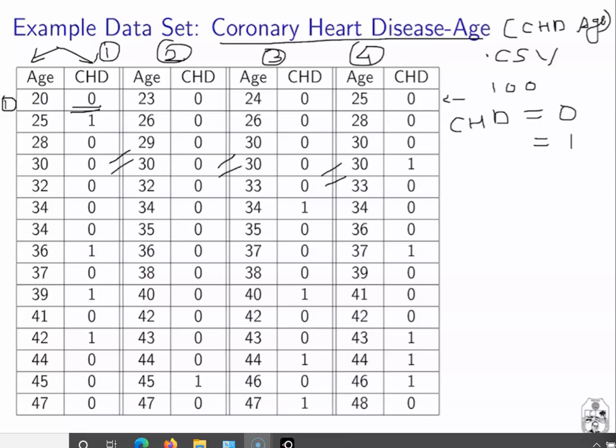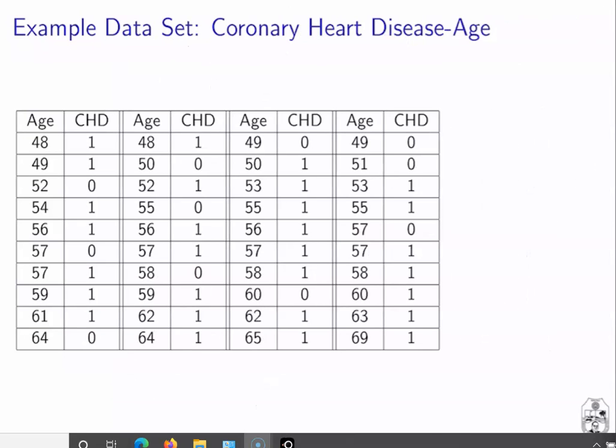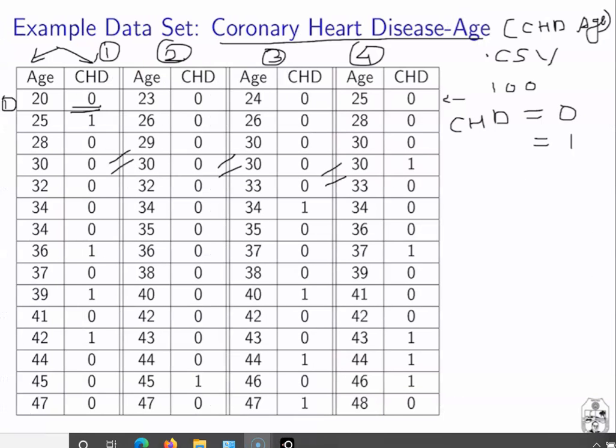On each row there are 4 records, and there are 25 rows, so 25 multiplied by 4 is equal to 100 records. I am uploading the CSV file of this data set on our web portal. This is the data set that I am going to use to explain the working of the logistic regression technique.